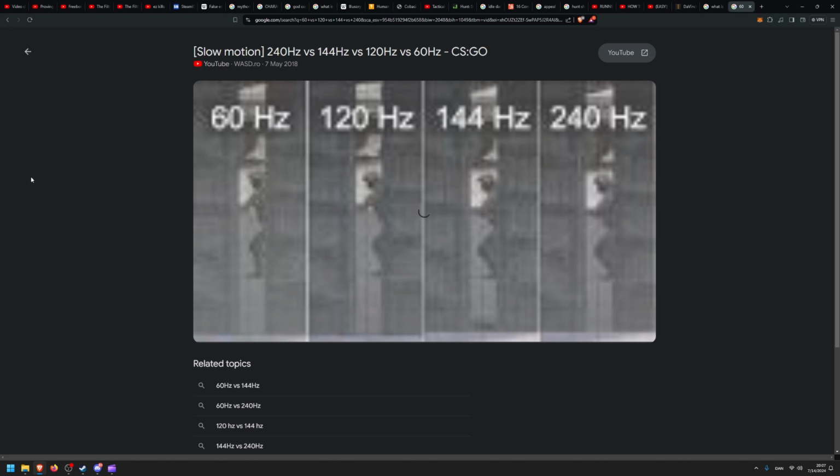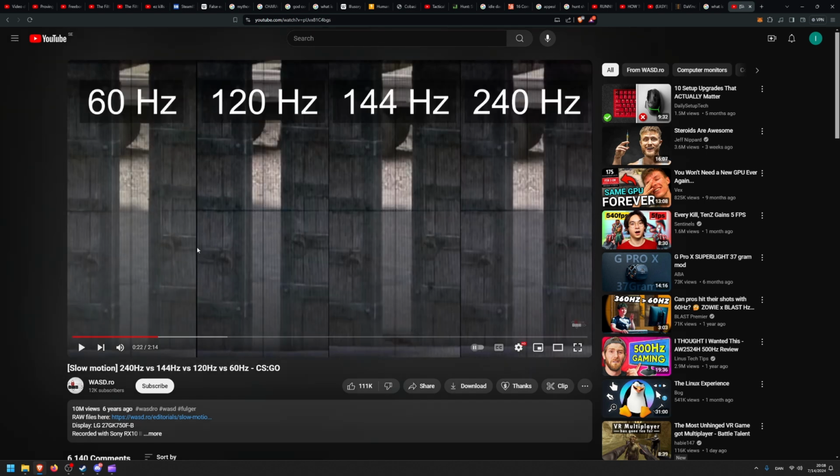Here we go. The character in Counter-Strike is going to move in a linear line.